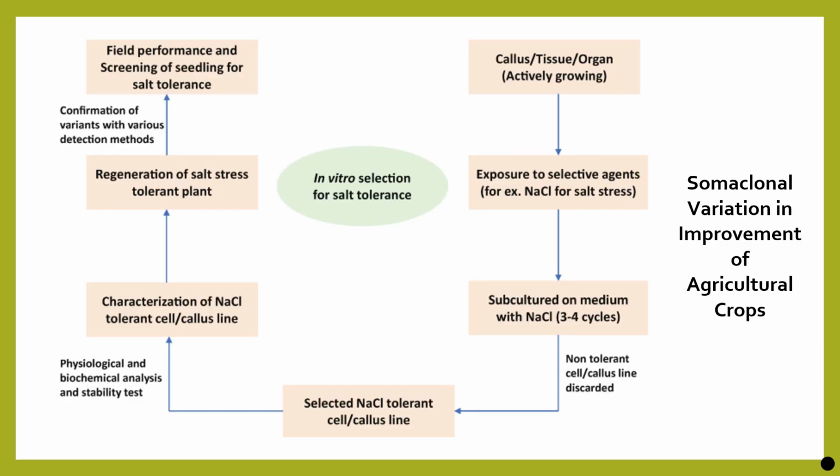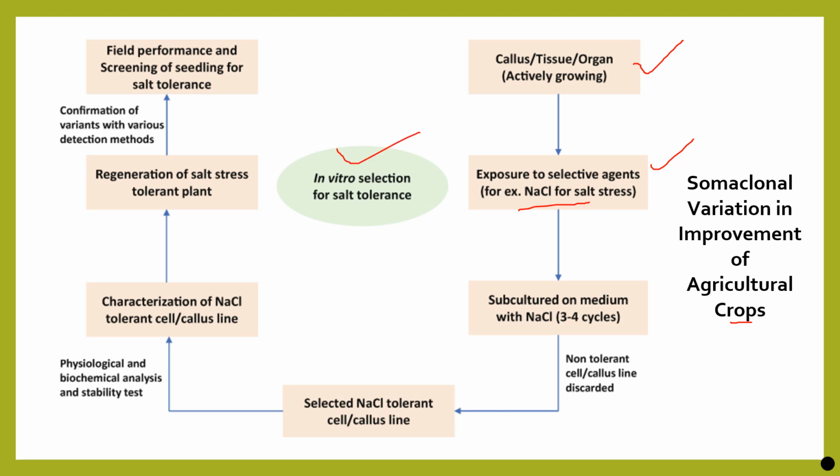Okay, so there is one more example of somaclonal variation in improvement of agriculture crops, and this is by in vitro selection. As I told you, we are taking a callus or a tissue or an organ from a plant and exposing it to a selective agent. Here we are using NaCl because we are learning an example for salt tolerance.